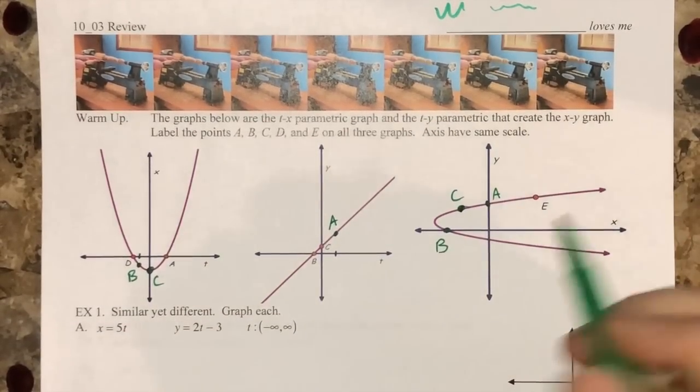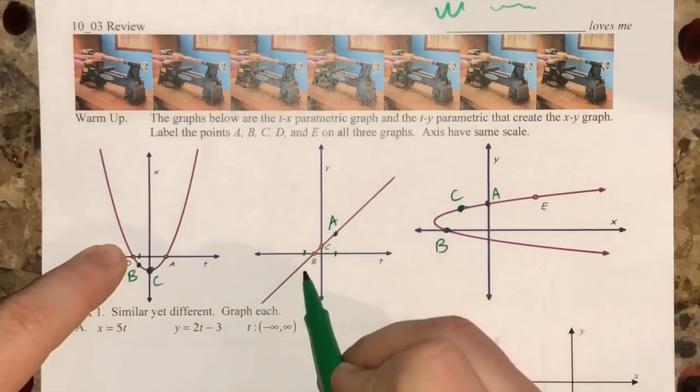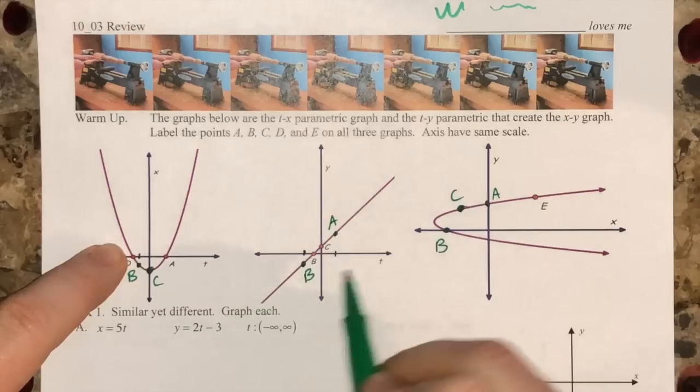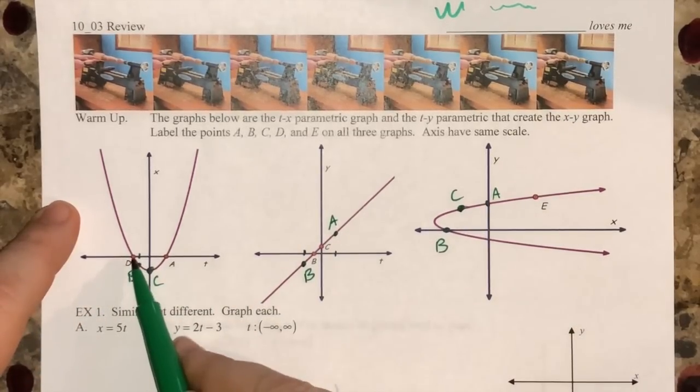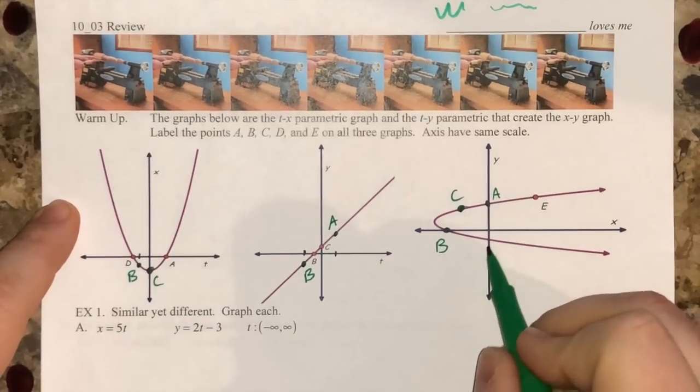All right, and where are we up to? D. D is here, so that would be approximately here on the t-y graph. So x is 0 and y is negative.